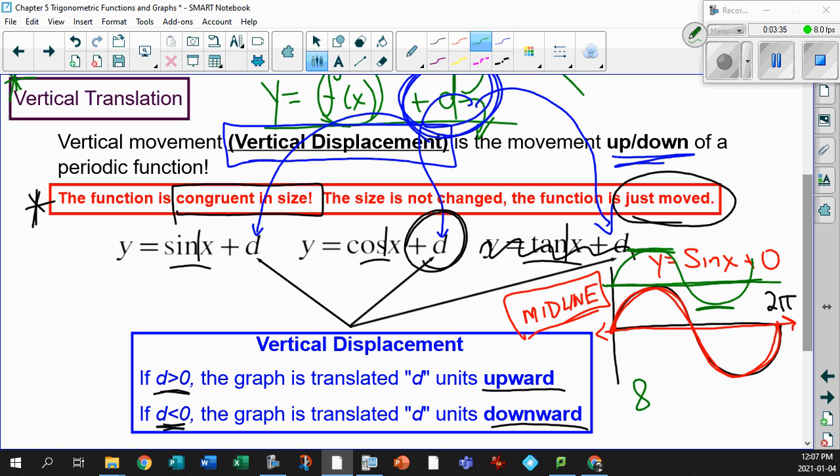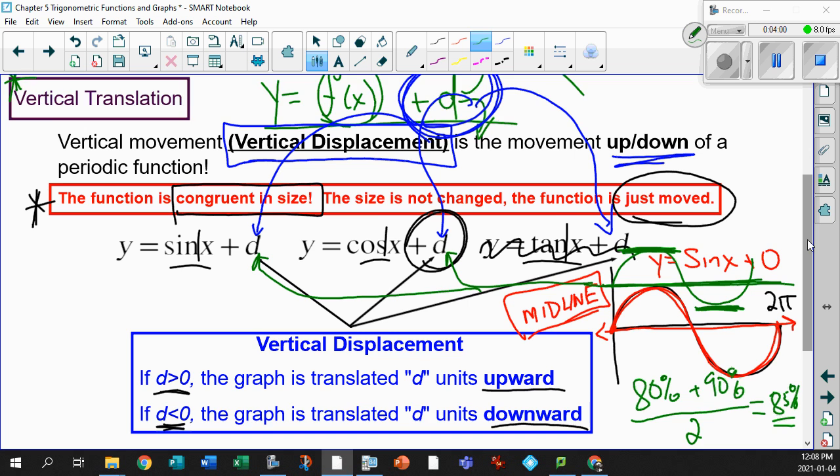If you had 80% in one test, you had 90% in the next test, wouldn't you add them and divide by 2 to give you 85% as your average? Well, same thing goes with this. Take your upper value, add it to your lower value, divide by 2, and you find your midline. And guess what that midline represents? Your d value. Yep.